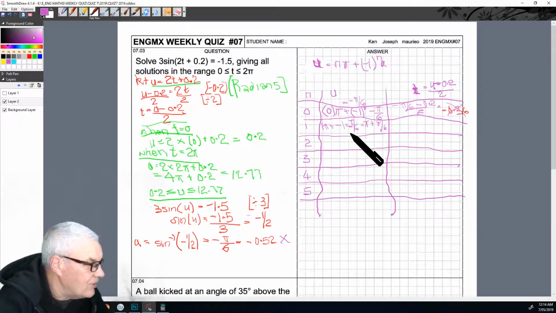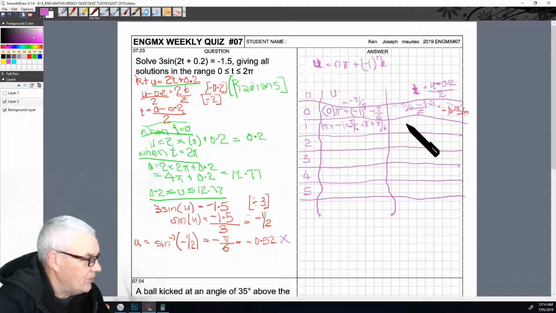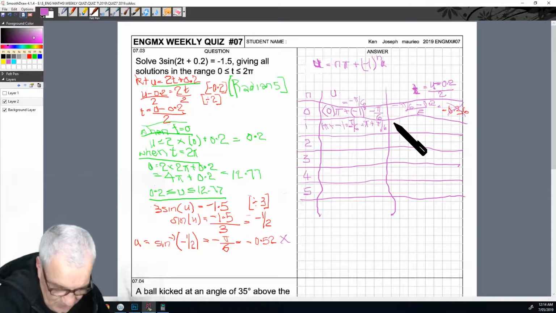That's right, because that's negative 1 to the power of 1 times negative pi by 6, which is plus pi by 6. So now we're going to feed that in here.